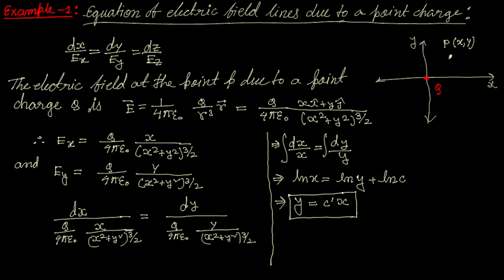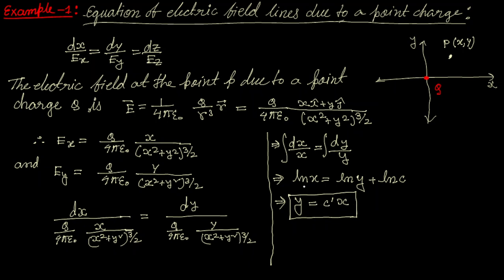Actually, it's a set of a large number of equations, because if we take a different value of c prime, we'll get a different straight line, but every time this straight line will pass through the origin. So this represents a set of straight lines which pass through the origin.